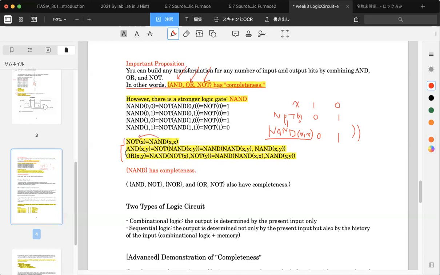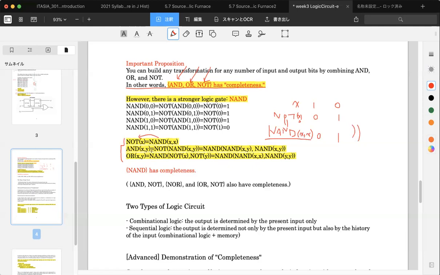And the same for AND(x, y). We can express it as NOT NAND(x, y), because NAND is just a negation of AND.